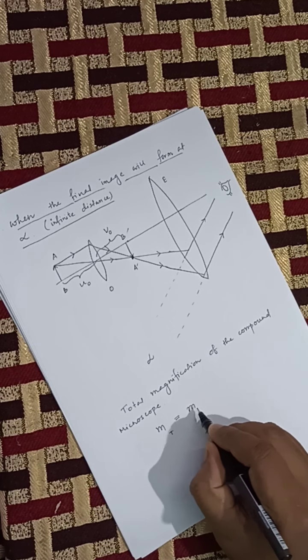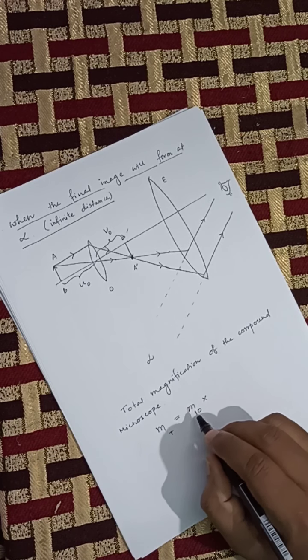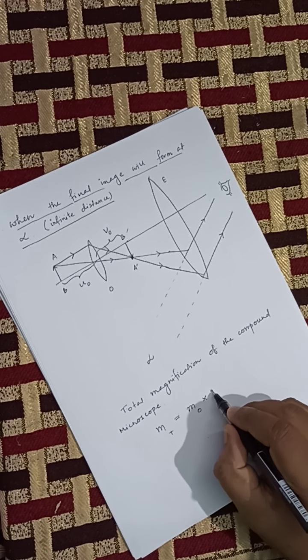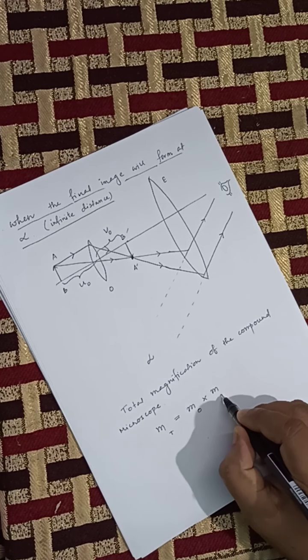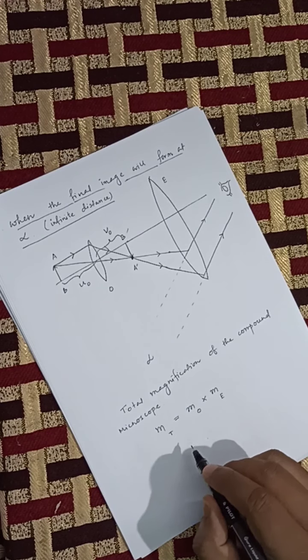So it is magnification due to objective lens, okay, it is linear magnification, and angular magnification due to eyepiece lens, isn't it, when final image will form at infinity.